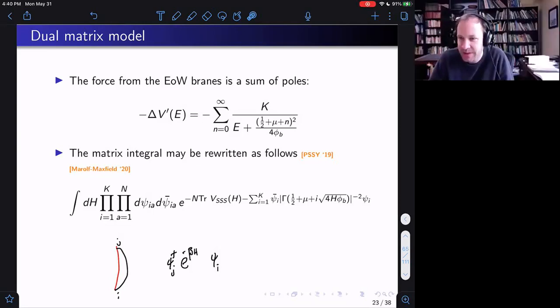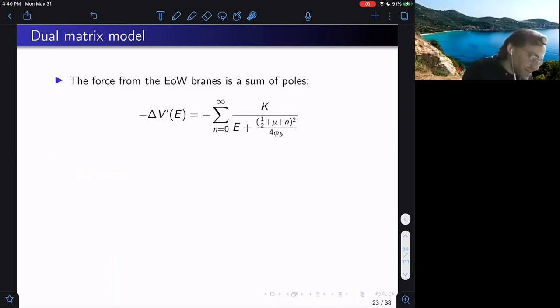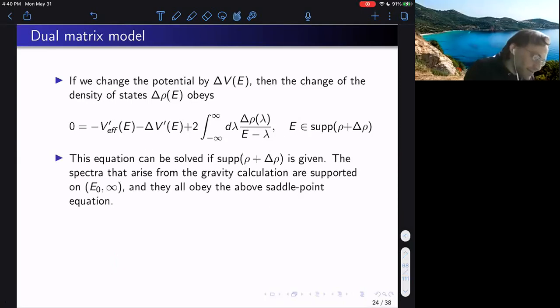Is there a way to, you mentioned that these possible null states would end up making your spectrum discrete. I'm wondering if there's a way to see that explicitly. Is there a calculation or something? Well, let's see.